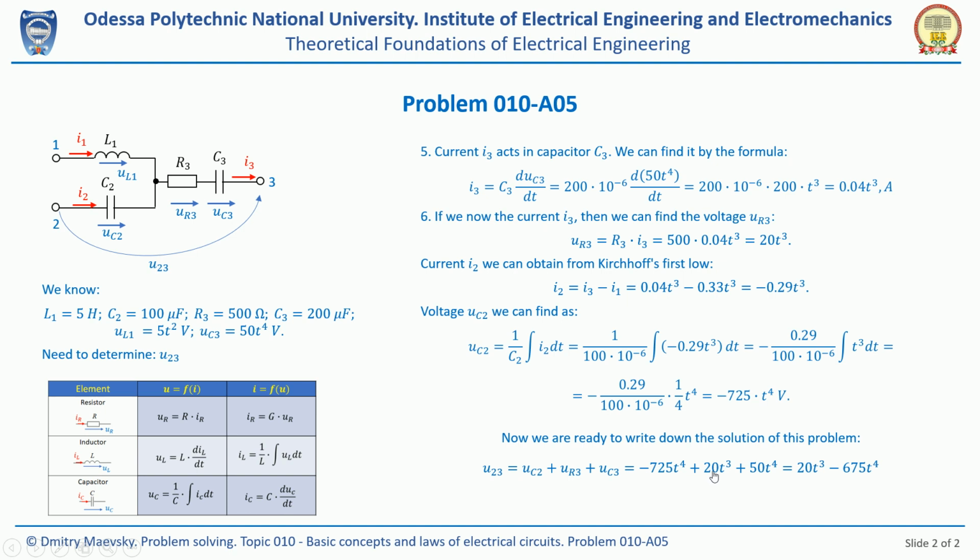These are the values of these voltages, and after calculation we have our solution: voltage U23 is equal to 20 multiplied by t cubed minus 675 multiplied by t to the power 4. Our problem is solved.